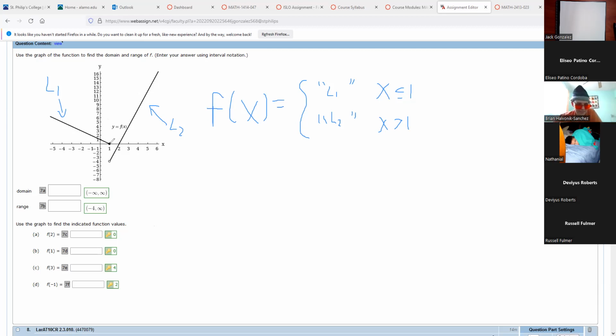But here, notice I'm including 1, and then right after 1, I start over here. Before 1, I'm touching all the x's. So every single x is being mapped onto some y. So no x was missing. So technically, all we got to do for domain is negative infinity to infinity because none of them were skipped. We're assuming that this goes on forever.